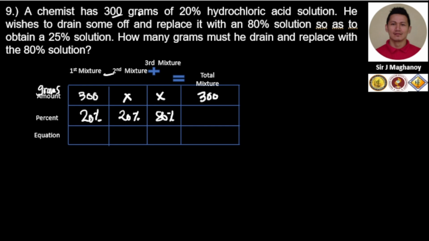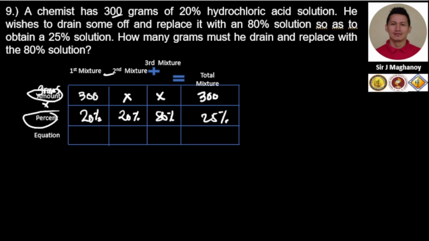But he wishes to obtain, yes, that is 25%. He wishes to obtain a 25% solution of 300 grams. So the output of draining and adding is a 25% solution. From here, we can formulate our equation. We multiply the amount in grams times the percentage.